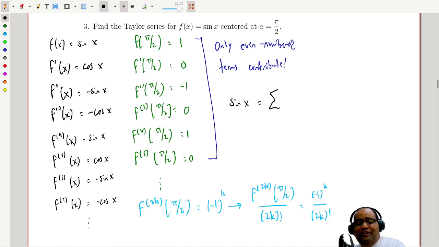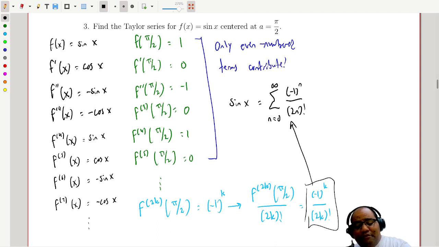All right, and so our approximation for sine of x near a equals pi over 2 is as follows. It's an infinite sum from n equals 0 to infinity. What are our Taylor coefficients here? Well, our Taylor coefficients are just minus 1 to the n over 2n factorial, just from what we have down below. This goes up there.